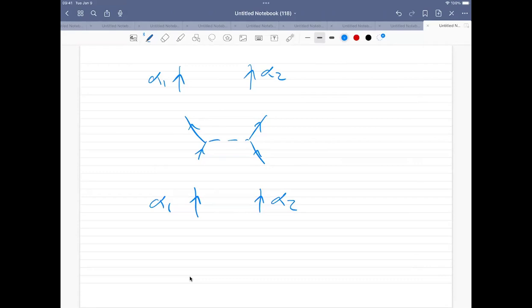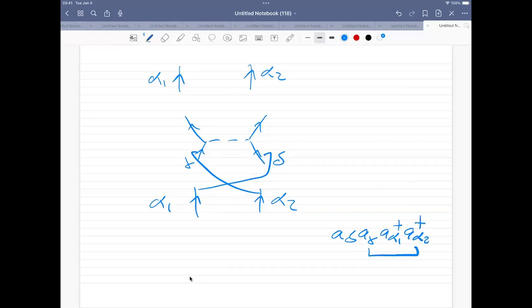One of the other cases which we looked at was making this contraction here and this contraction, which corresponded to A delta, A gamma, A alpha 1, A alpha 2 here.